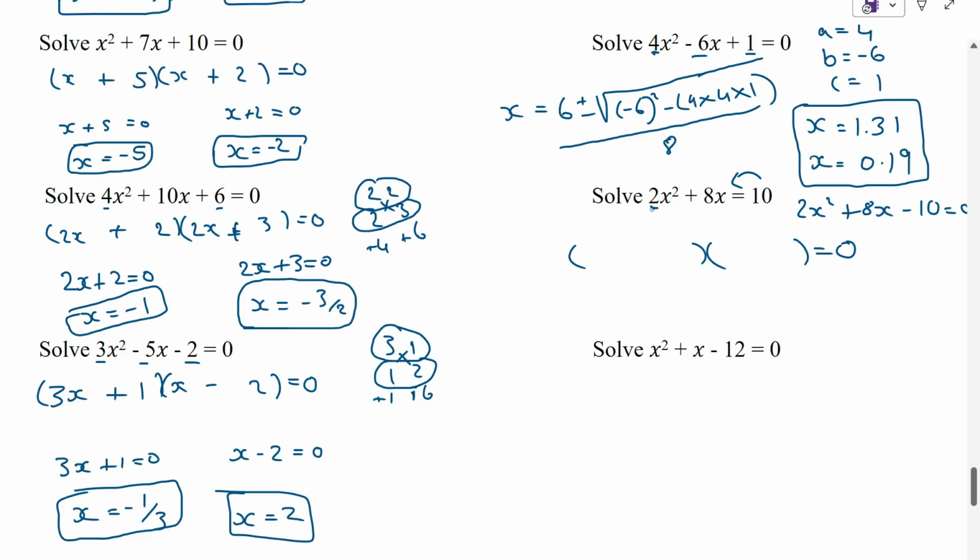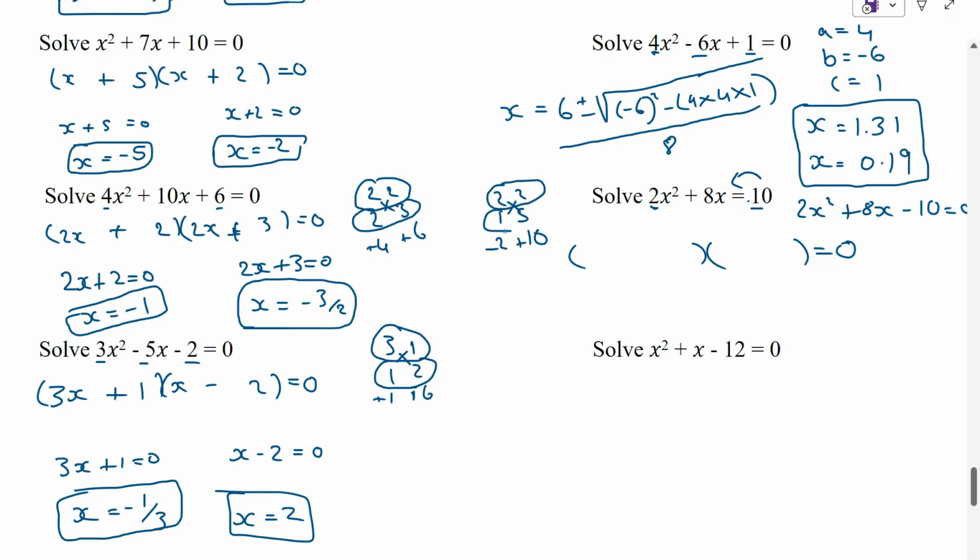Two numbers that multiply to give us 2. Two numbers that multiply to give us minus 10. So we've got 2 and 1, 5 and 2, cross multiply, 10 and 2. So yeah, to get positive 8, we need to do plus 10 minus 2.